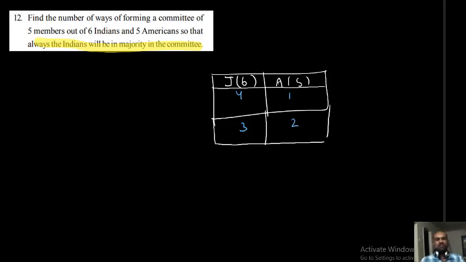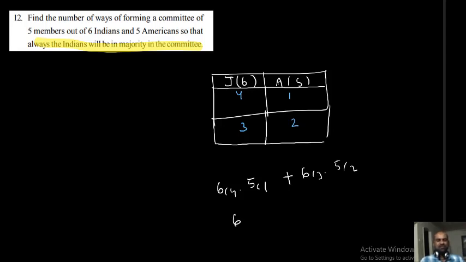So the first committee is 4 Indians and 1 American. First of all, I want to select 4 from 6: 6C4 into 5C1. This is one of the committees, plus the second committee, 6C3 into 5C2. In this way, you can make a committee so that Indians are the majority.